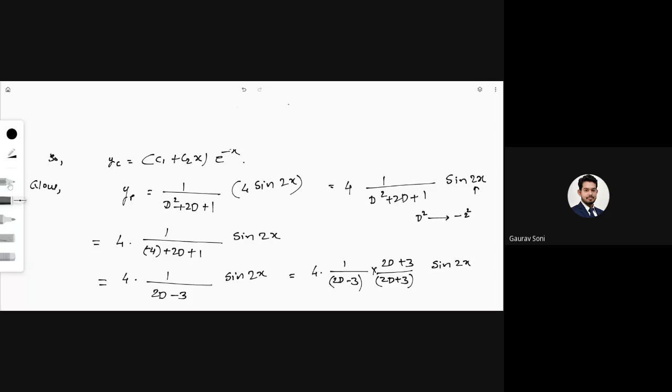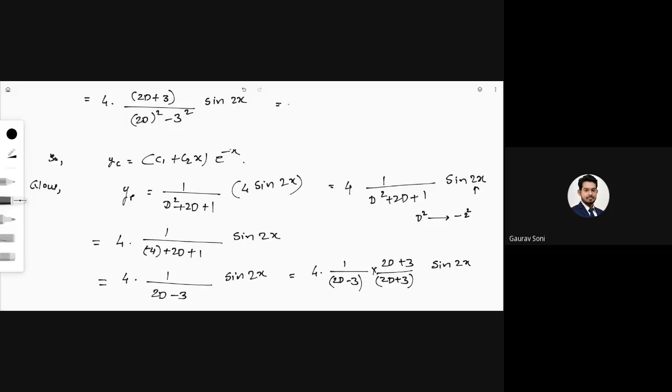So this is equal to 4 into 2d plus 3 upon a minus b, a plus b, that is a square minus b square, sine of 2x.